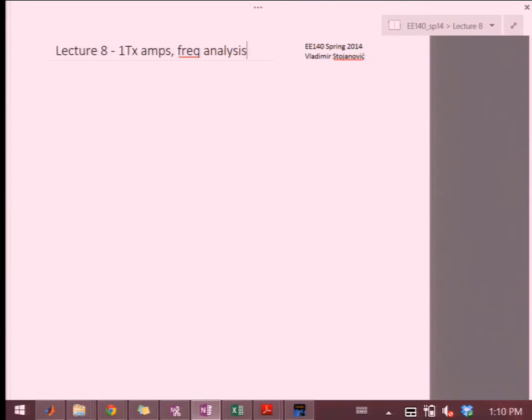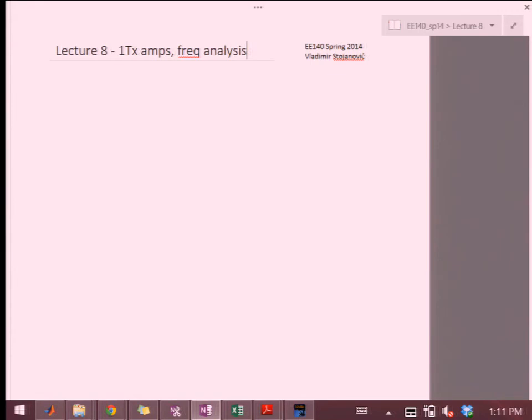Today we're going to look at wrapping up the single transistor analysis, just to give you a summary of things that you've already done during the week and we've done in the lectures. And then we're going to wrap up the small signal models by going back to these capacitors that we talked about and looking at the frequency response of the single stage transistor.